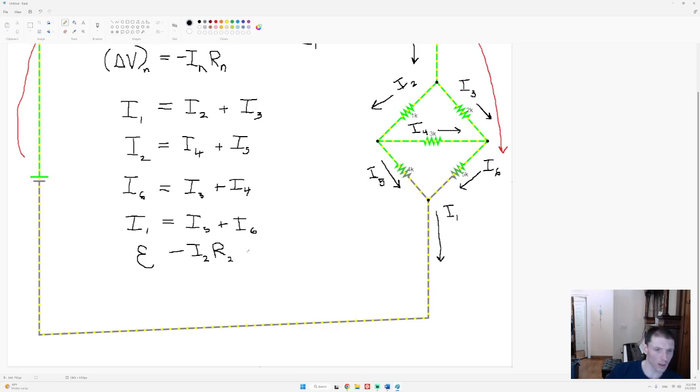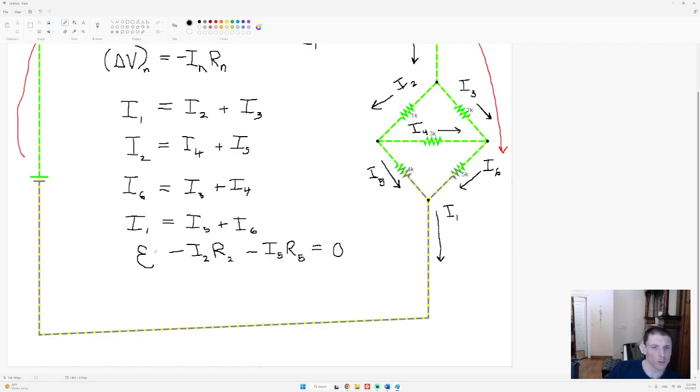Then we'll have minus I5 R5 equals 0, right? Because after we pass through this resistor, R5, there is no element through which the current passes to make the drop again. And that's why, when we're writing out our loop rule equations, we're not going to see I1 appear in them, because I1 itself does not go through any resistor, or through a battery or anything.